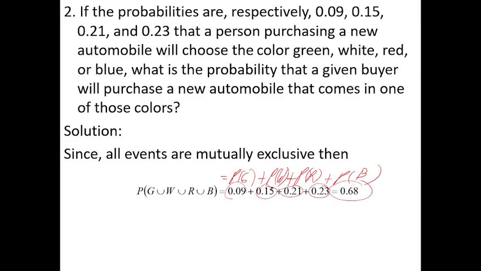Yun yung probability that the given buyer will purchase a new automobile that comes in one of those colors. So, pwedeng green, pwedeng white, pwedeng red, or pwedeng blue. Options. So, meron siyang 4 options. No? Option A, pwede niyang piliin yung green. Option B, pwede niyang piliin yung white automobile. And so forth and so on. Okay? So, 0.68.